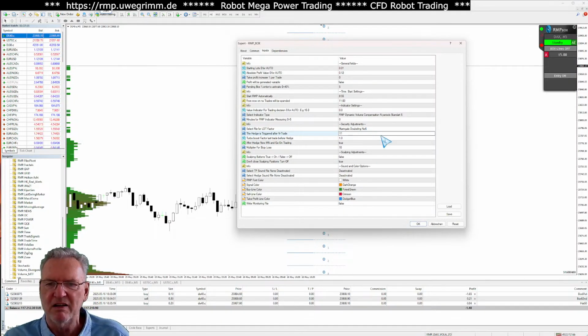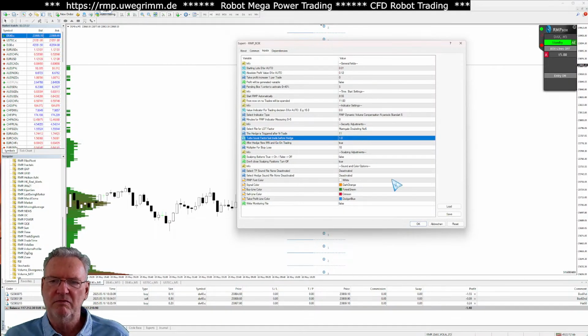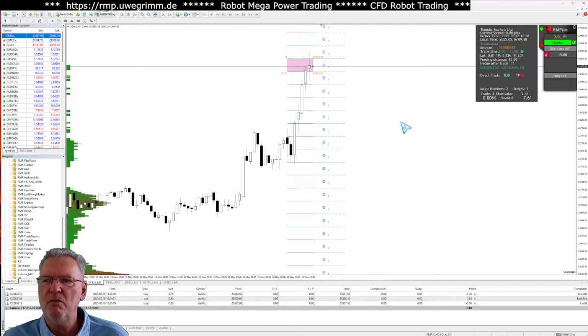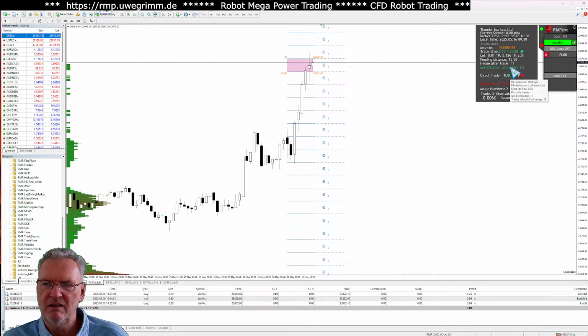It will be triggered in trade 12. And I have no idea what happens when it comes to trade 12. So, no problem. Here we have a lot multiplicator file. There are different ones, but this is the standard file. This is like in the casino.